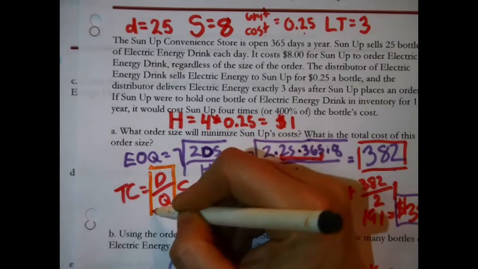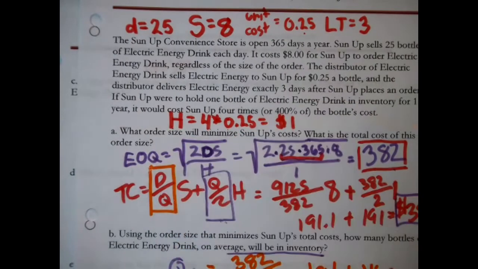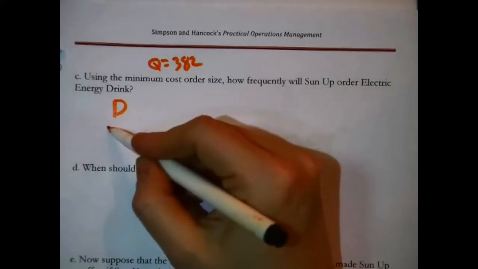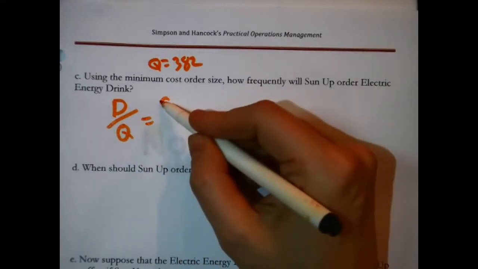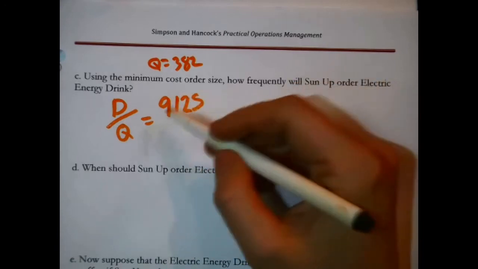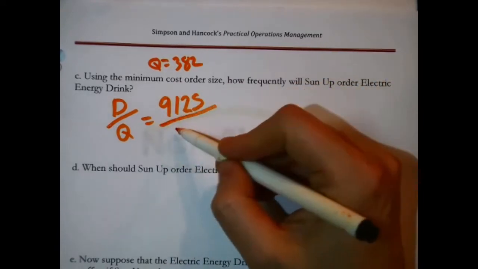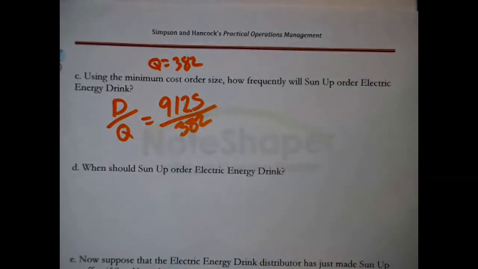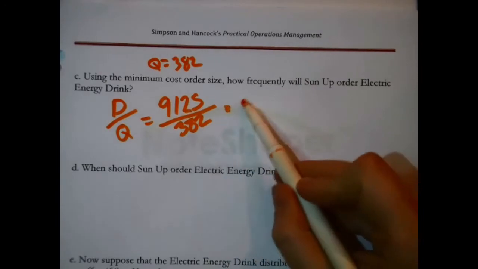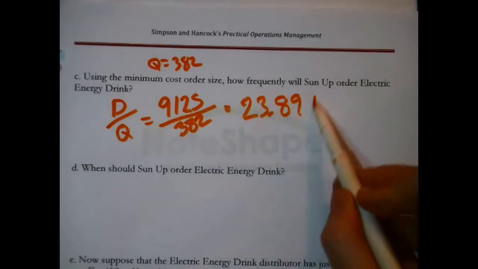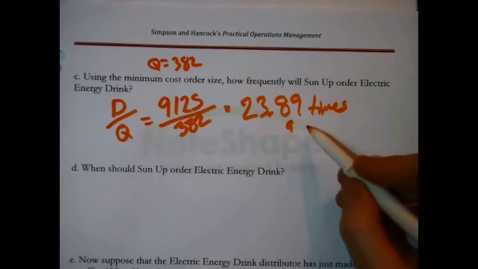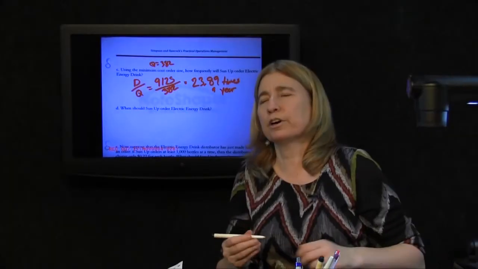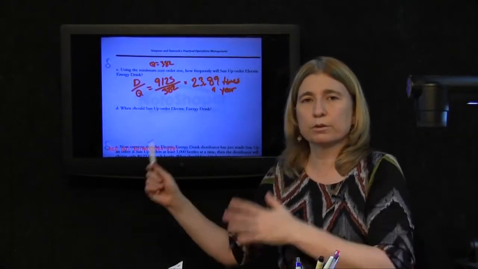The number of orders a year is right there, D divided by Q. D divided by Q equals 9,125, the 25 times 365, divided by 382. I get 23.89 times a year.